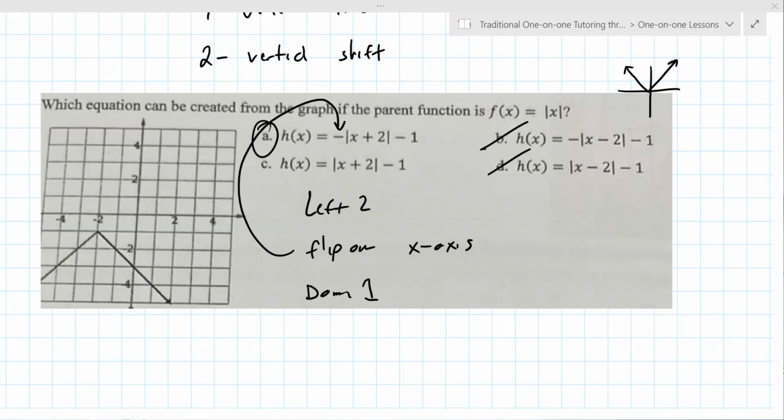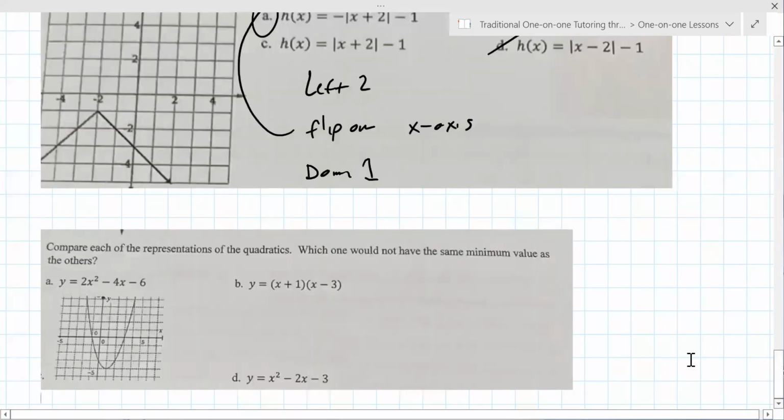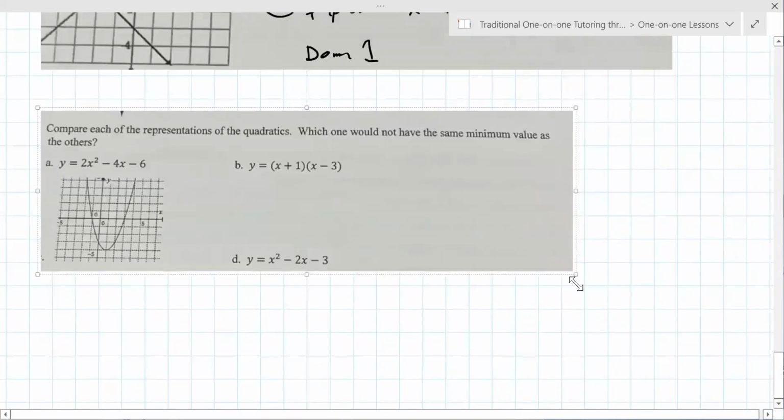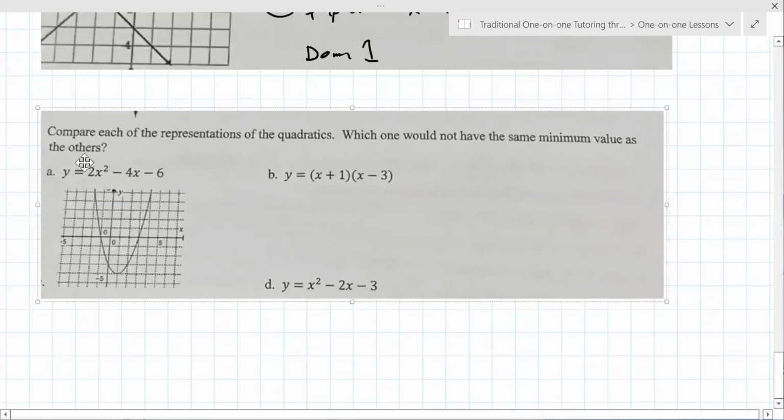Okay. Next one here. All right, compare each of the representations of the quadratics. There are 4 graphs, A, B, C, and D. They're asking, which one does not have the same minimum value?